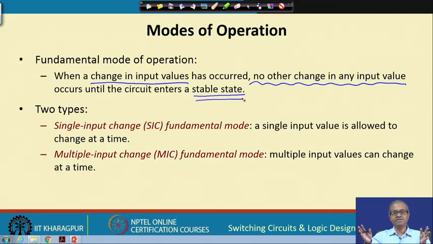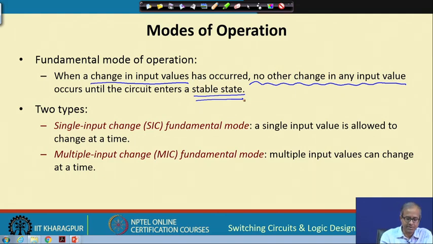Everything happens depending on the delays of the gates. So, whenever there is a change in the input, you should allow for the circuit to stabilize before you apply the next input, right.